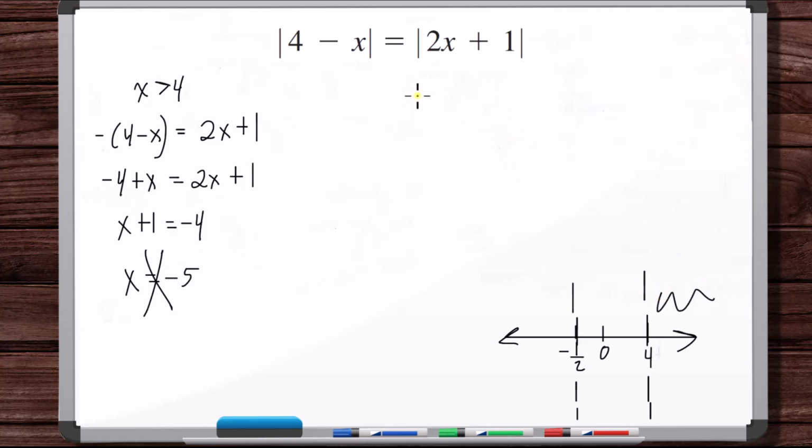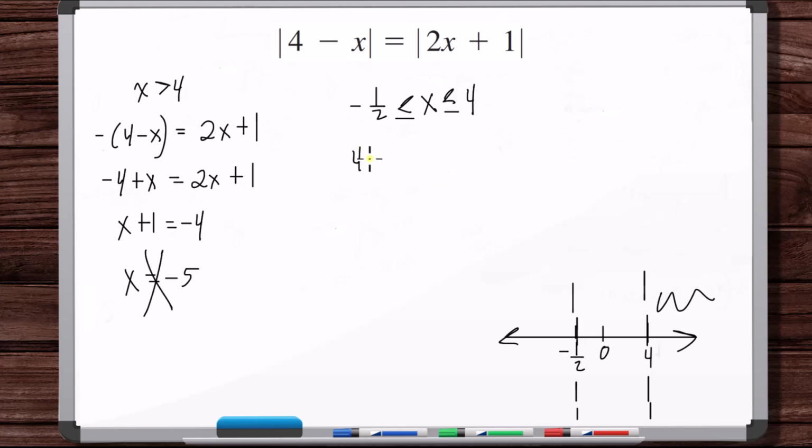Now, what about when x is less than or equal to 4 and greater than minus 1/2? In that case, this would be positive or 0. We want to include the equal to as well, because if it's equal to minus 1/2, this is 0, and if it's greater than minus 1/2, this is going to be positive. So both of these sides are going to be positive.